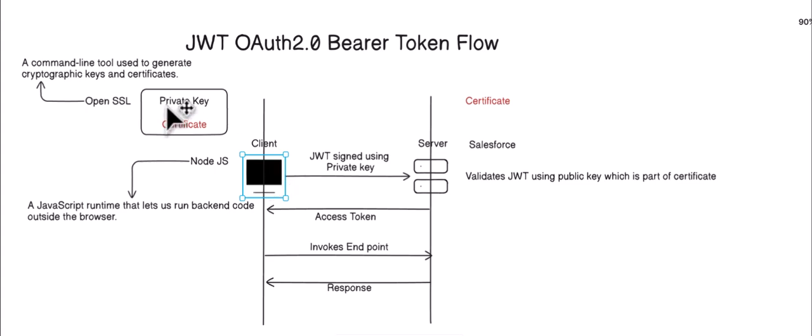The client itself is signing it and asking Salesforce to trust it. But in enterprise level implementations, or in your company implementations, self-signed certificates are not used. We are using it only because we are simulating this flow on our local machine.